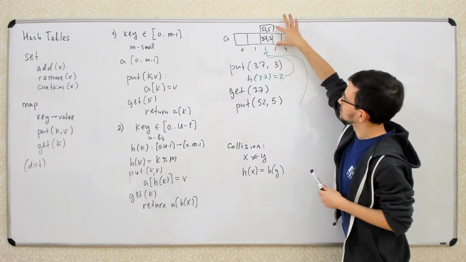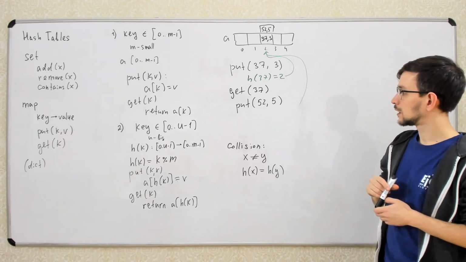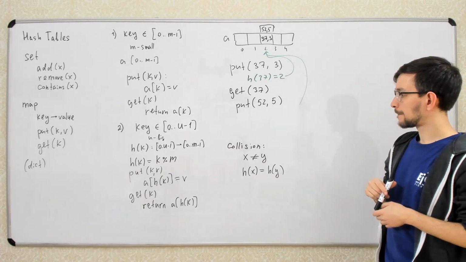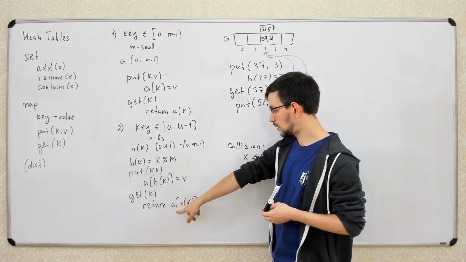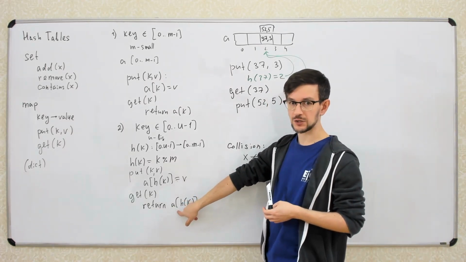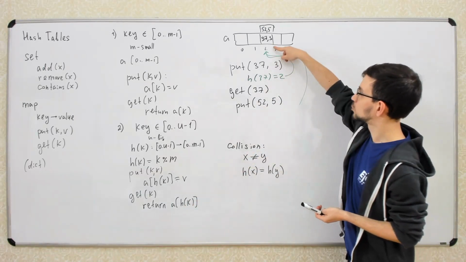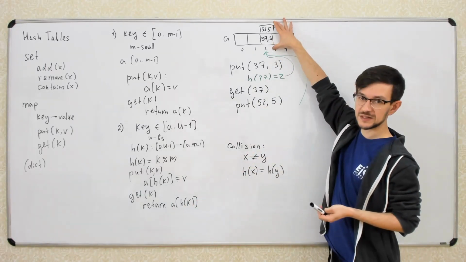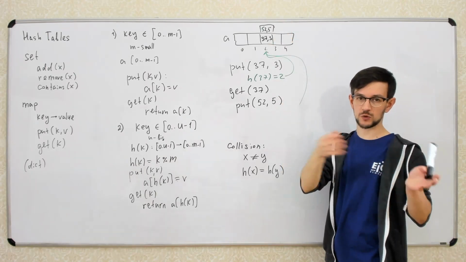And now this cell contains two pairs. Good. How will we implement the get operation? It's very simple. We calculate the hash function, go into this cell, look at this list, iterate through the whole list, and find the pair which corresponds to our key.